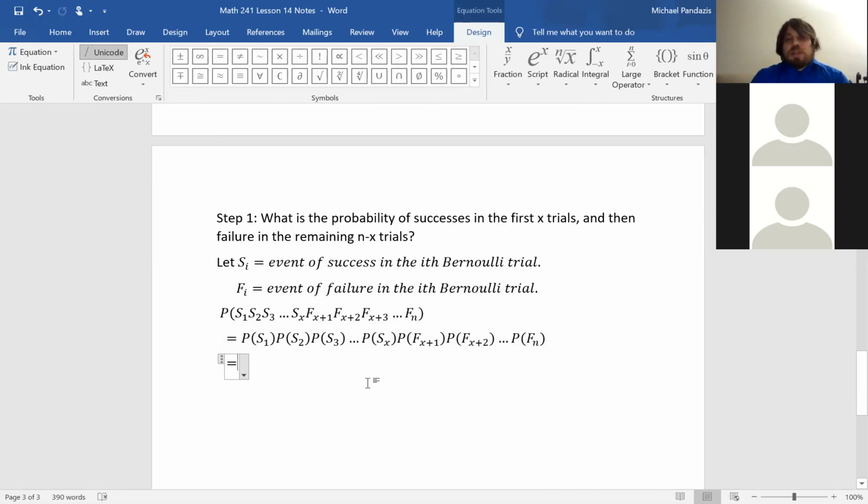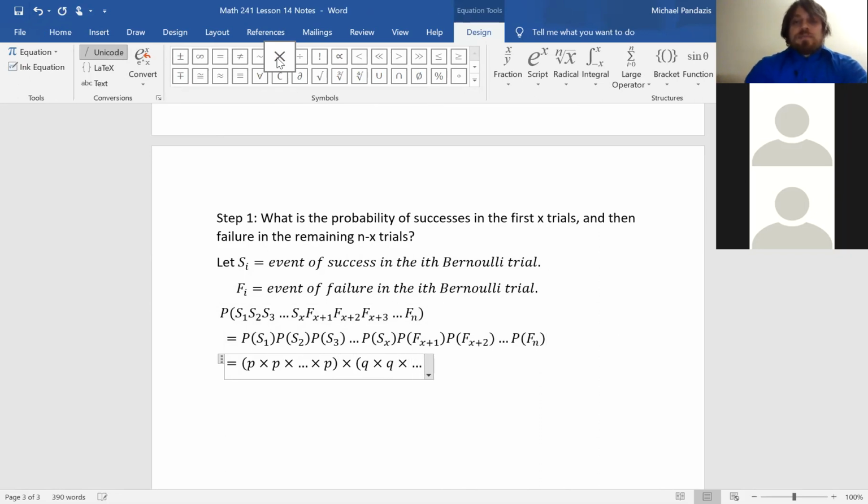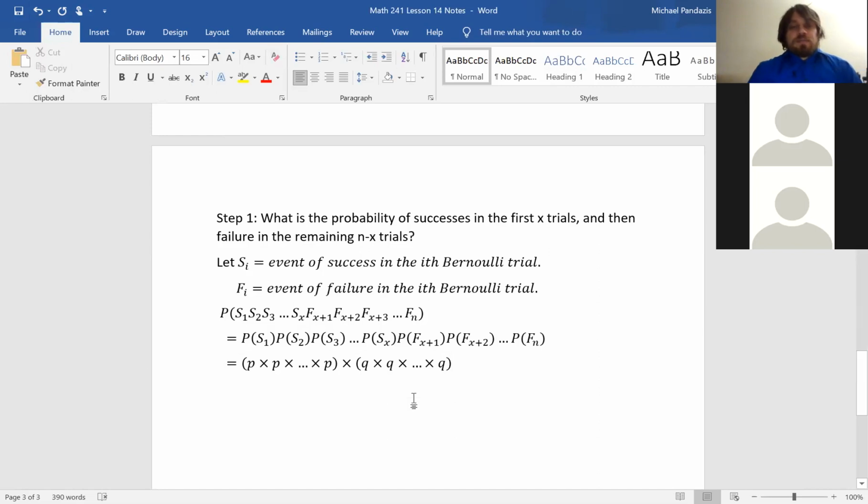So now that product is equal to, well, little p is the probability of success, and q is the probability of failure. What we did in the first part is we took p and multiplied it X times, and then we took that product and multiplied it by the probability of failure, N minus X times. See that?